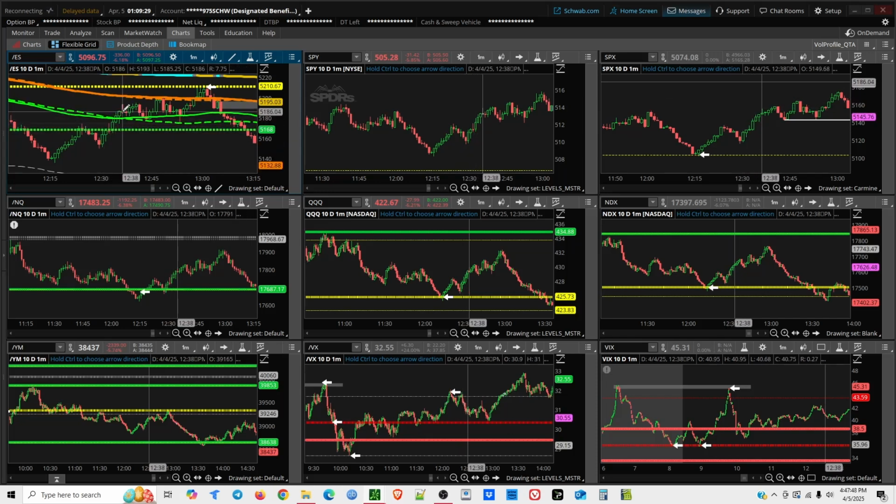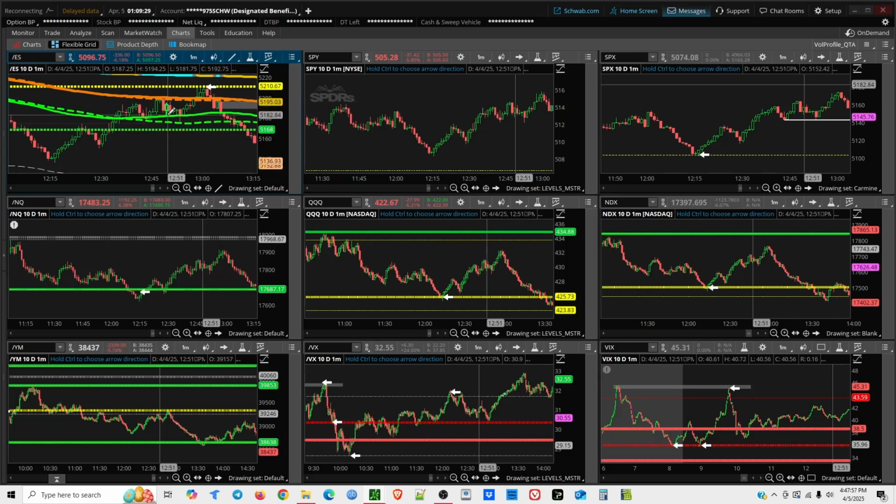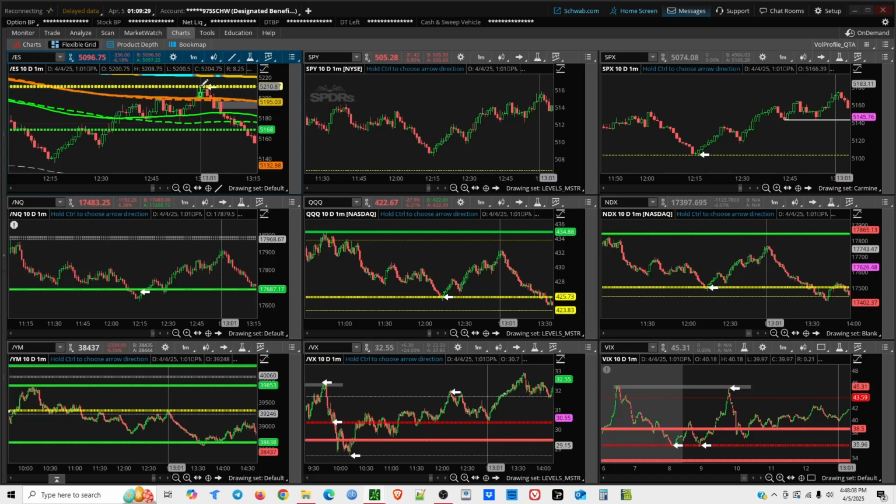If it's coming up and touching, oh, there's the 200 EMA and SMA, and then retreating down to the 100 EMA, and then back up and then retreating down to the 100 SMA, and then running straight up to this pivot point and retreating. And I do that with every single chart that I'm watching.